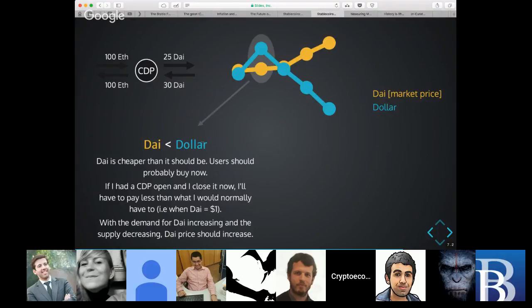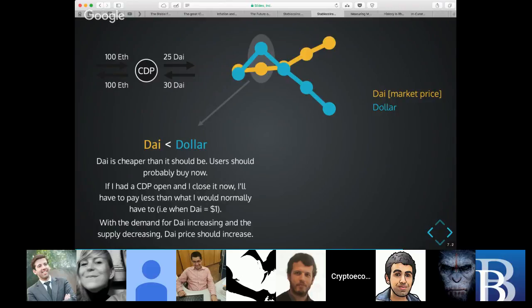I would exchange my dollar or Ether for DAI. If I had a CDP open, so if I had already issued DAI in the past, now I would close it, right? Because I can close the CDP and pay the commission that I was mentioning before at a lower price than what I would normally have to, right? Because again, the price of the DAI is below what it should be. So it's interesting for me to close it now and not later.